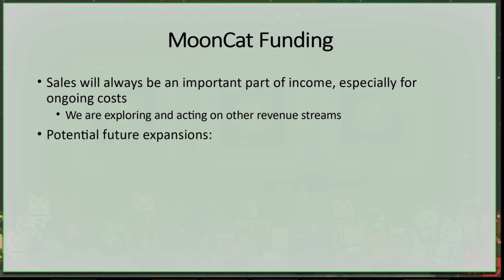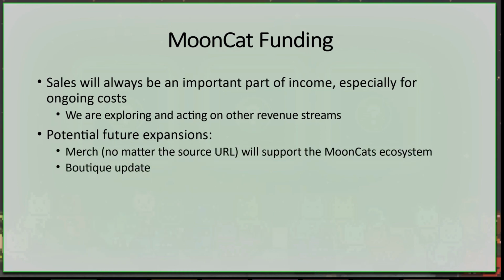We wanted to give a very broad overhead view of what those potential future expansions will be. Merch is one we've talked about a lot, but merch, no matter what the source URL is, will always support the MoonCats ecosystem. Another potential future expansion is a boutique update, and we actually have two slides where we'll talk about what that update might look like.